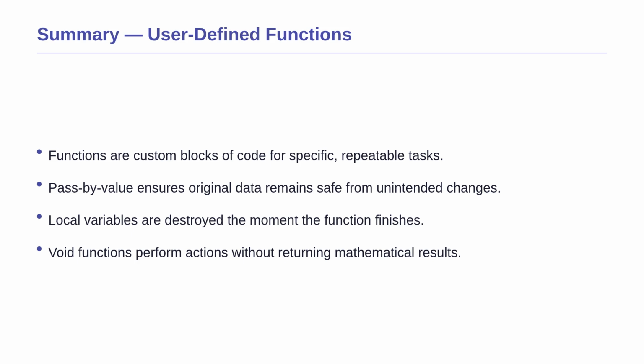Third, remember the Las Vegas rule. Any variables created inside these functions are strictly local and are destroyed the moment the function finishes its job. Whether they return a calculated result or perform an action as a void function, they are essential for keeping code organized, efficient, and bug-free. You now have a solid foundation in modular programming.